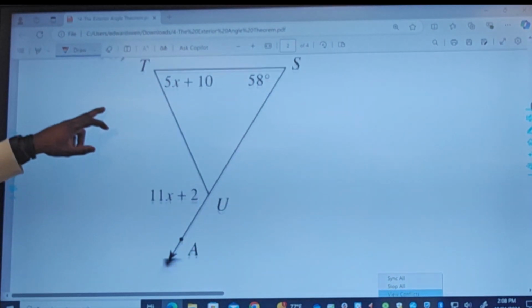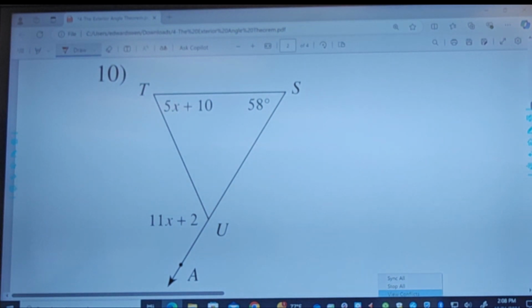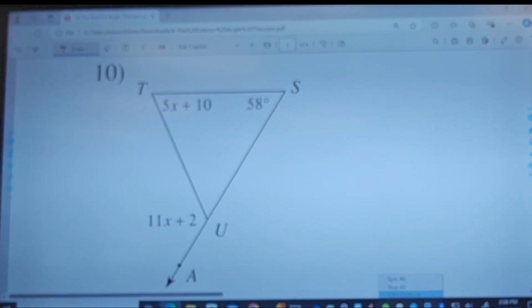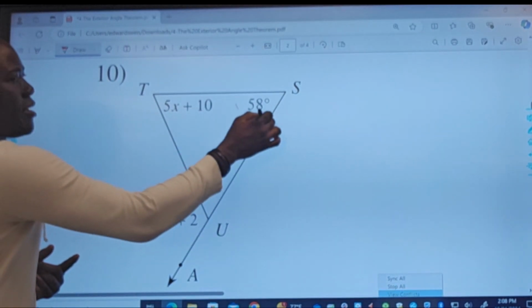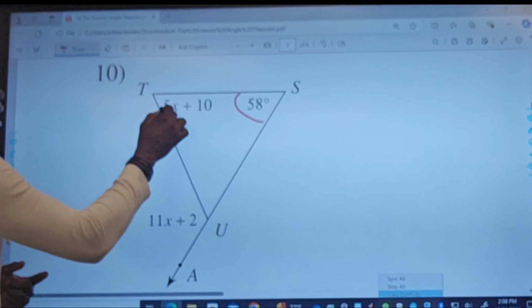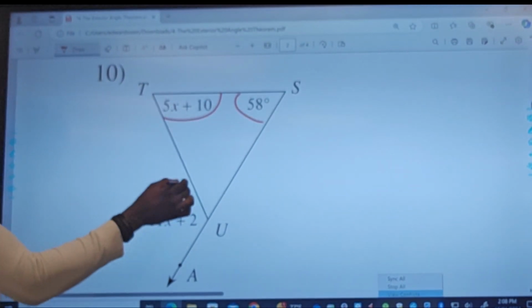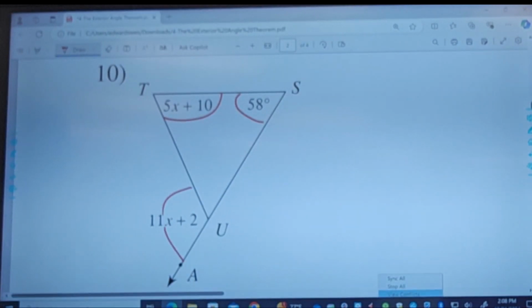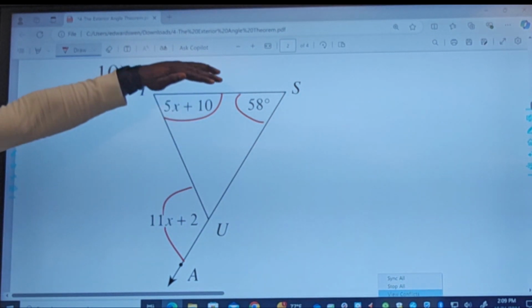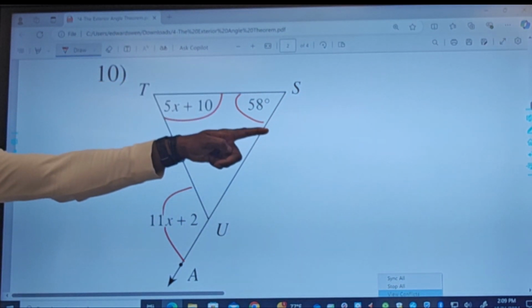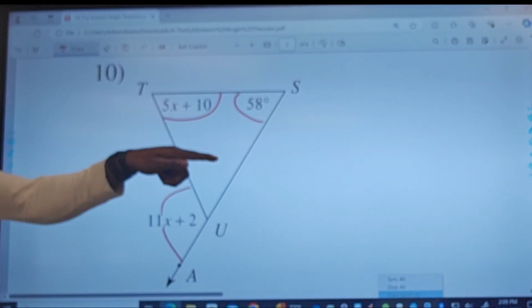Number 10 is right here. The idea is that we're still trying to find a value for x. Look at the situation, what is it that we have? We got this angle here, we got this angle here, and then we got an angle on the outside here. When you take a look at this exterior angle, these two angles here are what we refer to as our remote interior angles.